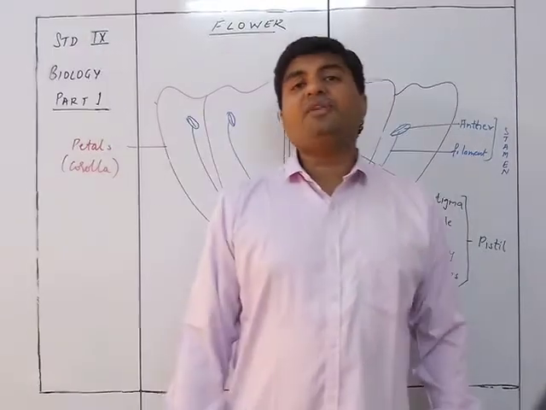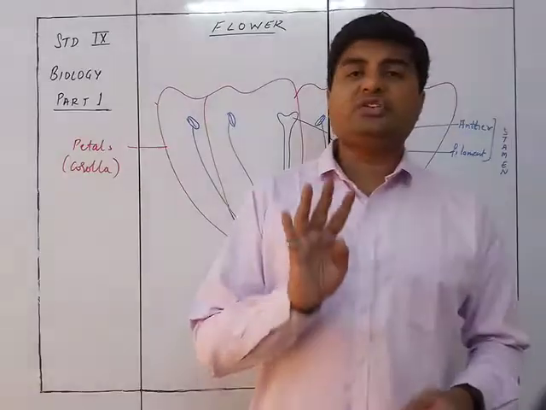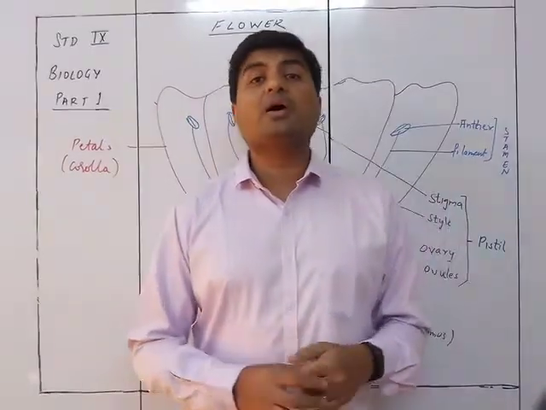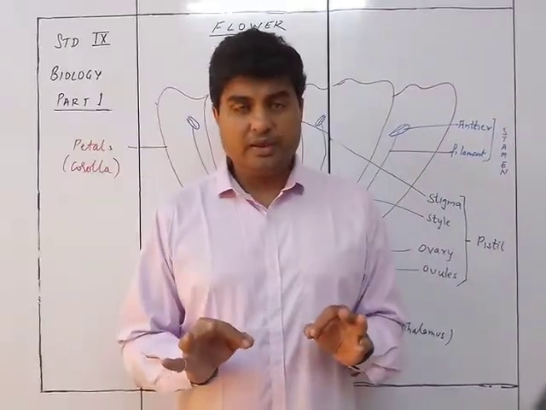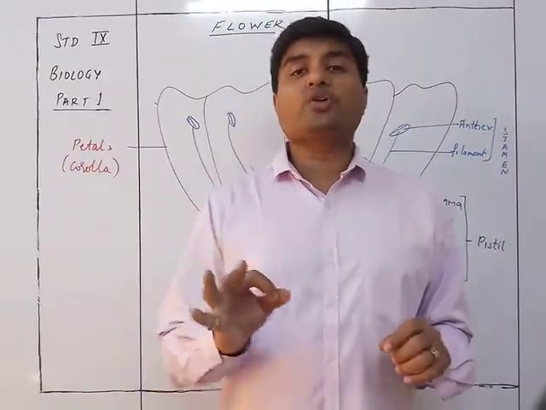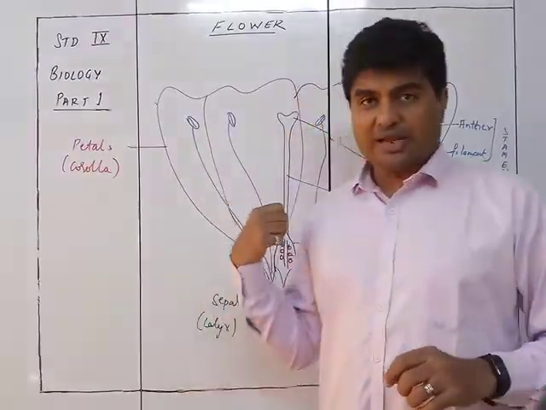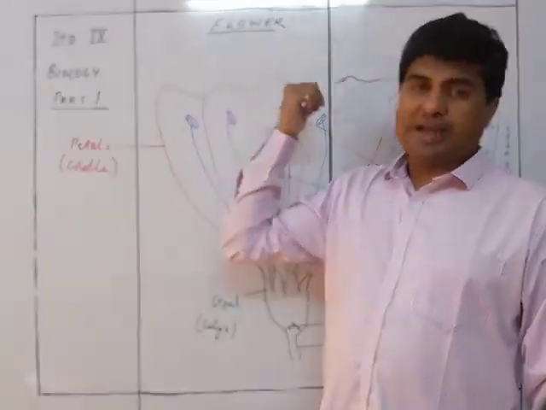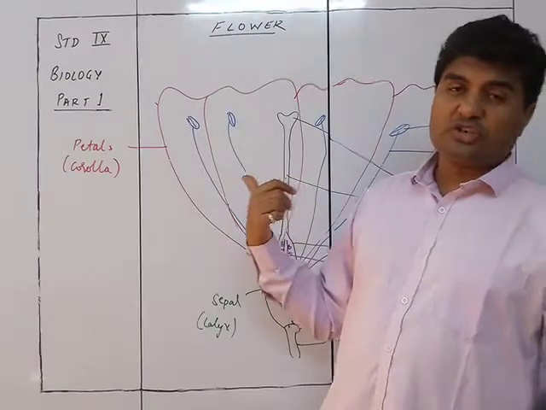Now, if the flower has got all these four whorls present in it, then we call the flower a complete flower. A flower will be a complete flower only when it has got all the four whorls, that is the sepals, petals, androecium and gynoecium.